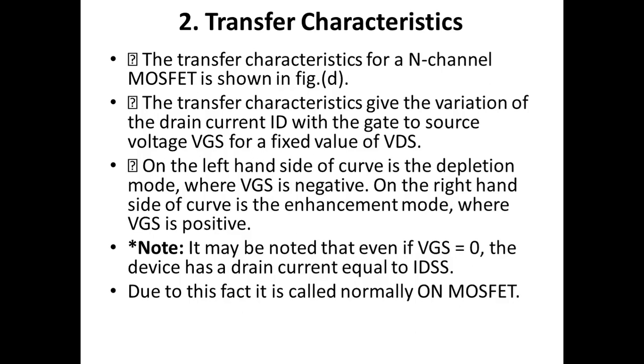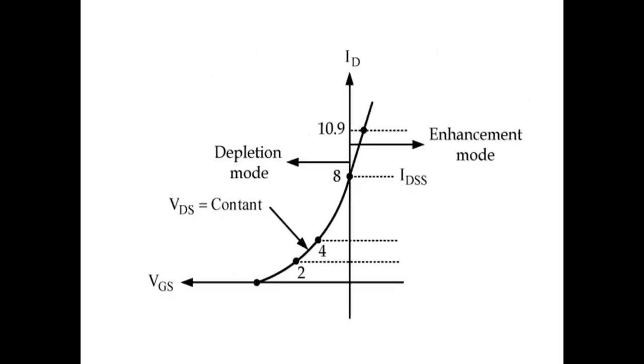we draw a graph of the variation in the drain current with the gate to source voltage VGS for a fixed value of VDS. That means we draw the graph between ID versus VGS, with VDS kept constant, for different values of VGS.